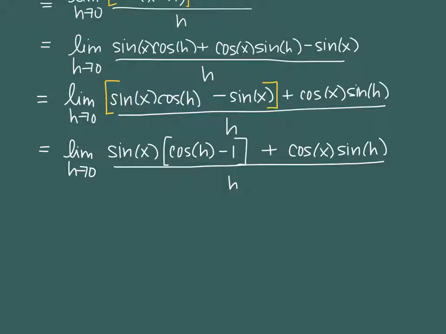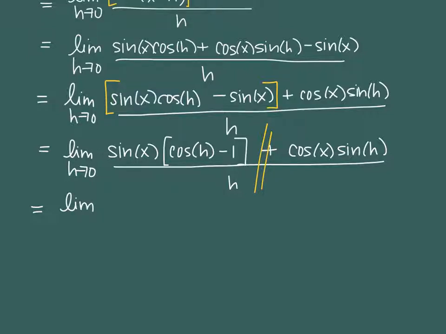What I'm going to do now is split this up into common denominators. So I'm going to give the denominator h to both terms of this problem. It splits at the addition sign. It doesn't split around multiplication, it splits at the addition sign.